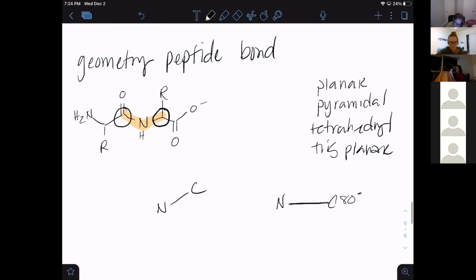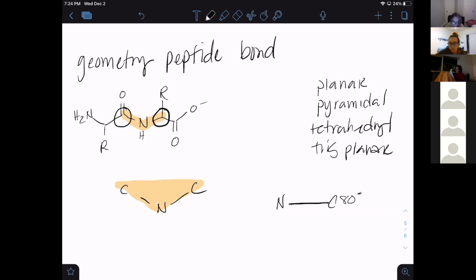Okay, so even though these are drawn on an angle, and you think, okay, well, this looks like a triangle. The rule with geometry for you to understand in chemistry is the substituents that are attached to it.